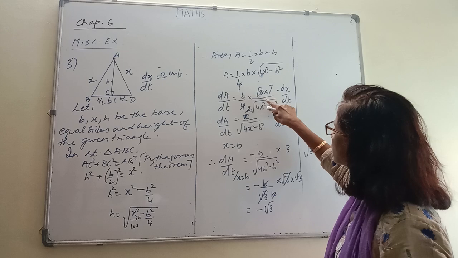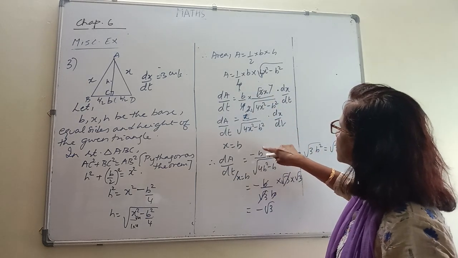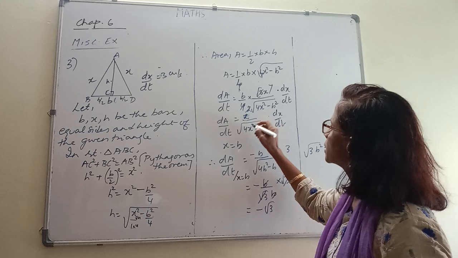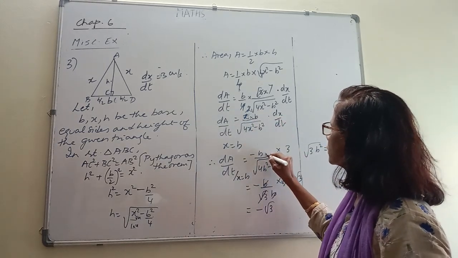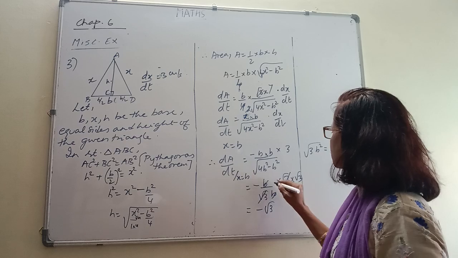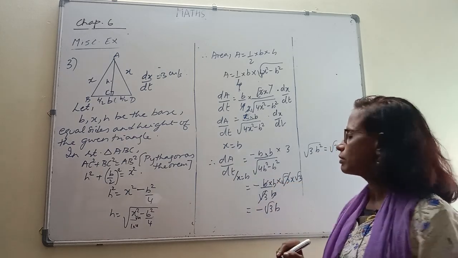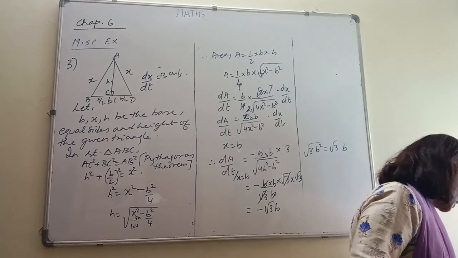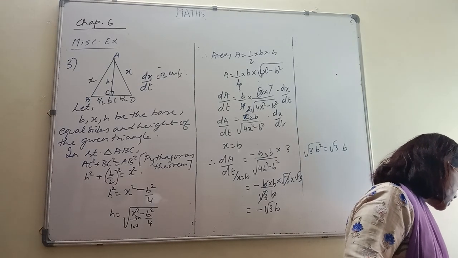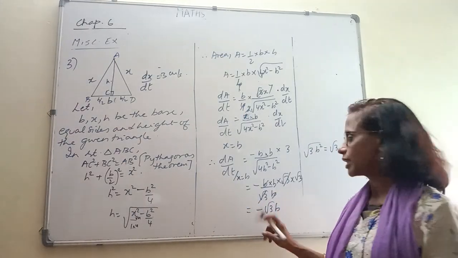There is a b here which has been skipped. One of the b's will cancel, but that b will continue. That's it. So let's conclude. The negative sign is accounting for the decrease.